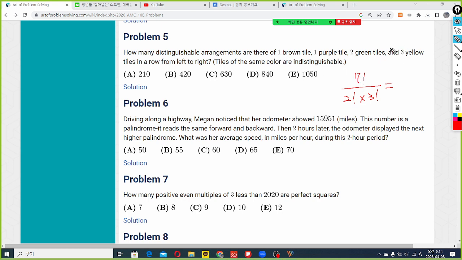There are 7 tiles in total, divided by the number of indistinguishable tiles factorial. Can you calculate this number? Okay.